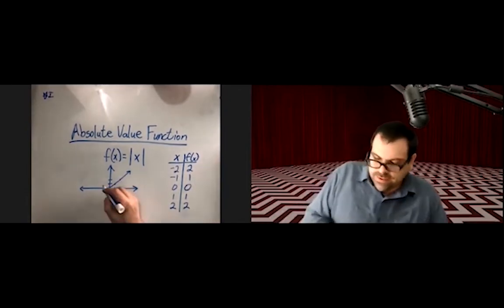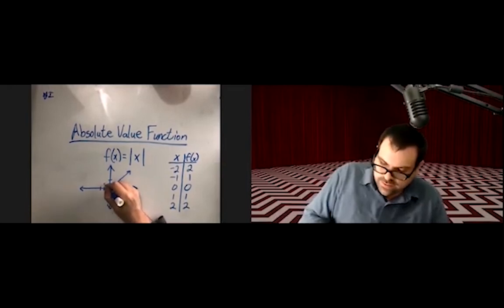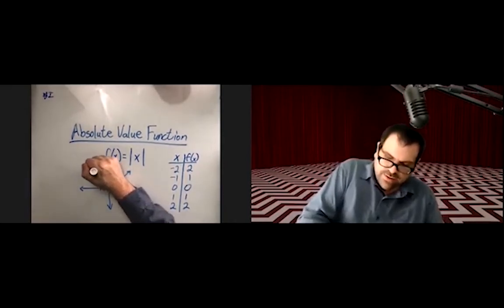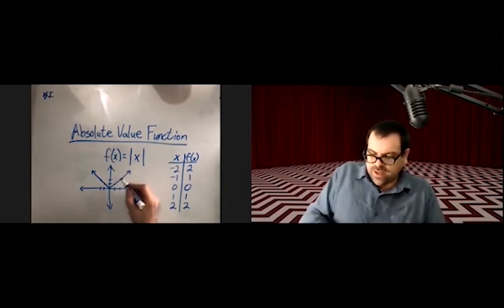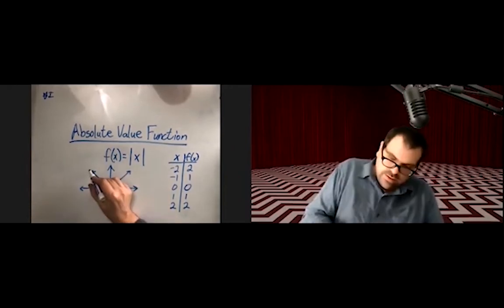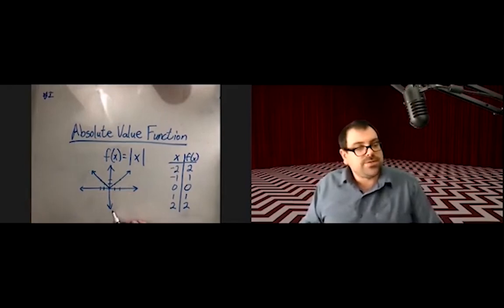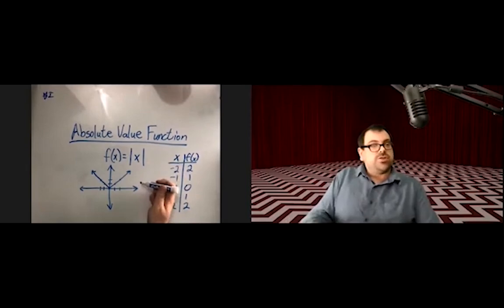But these, the negative x's, are also giving positive y values. So instead of it continuing on like the identity function, it goes that way instead. So the absolute value function has this equation and this shape.